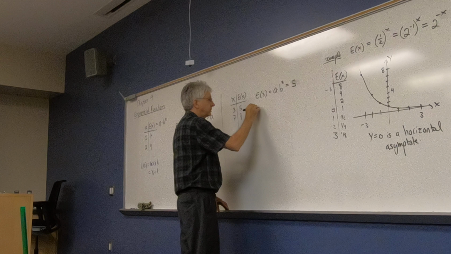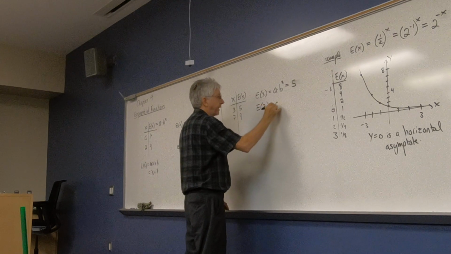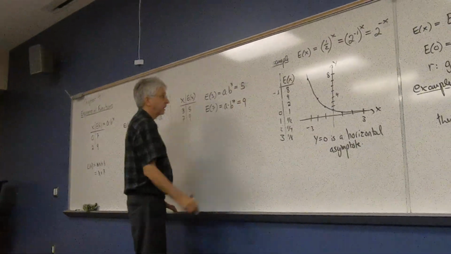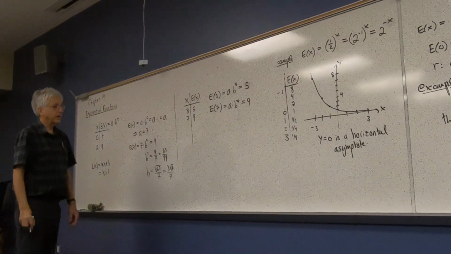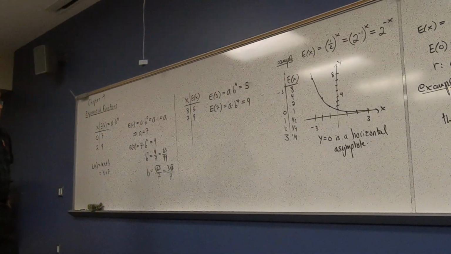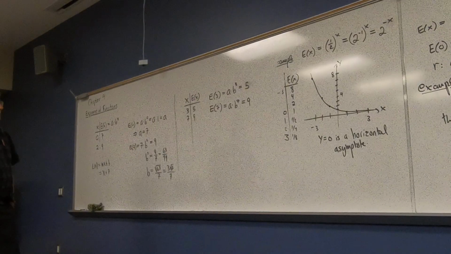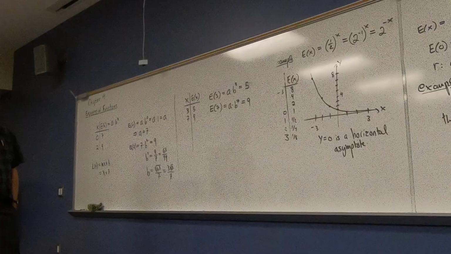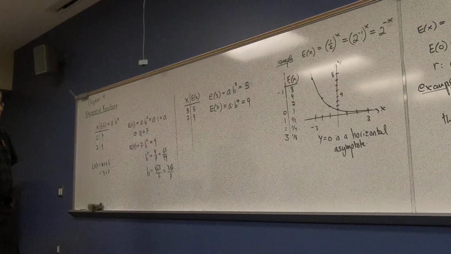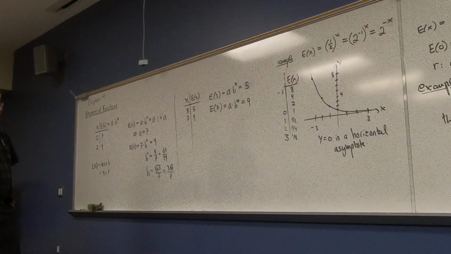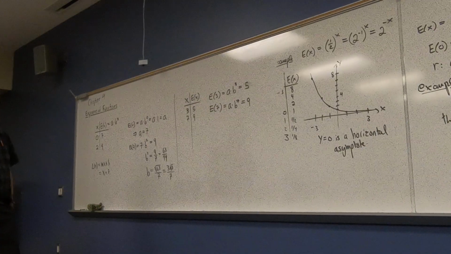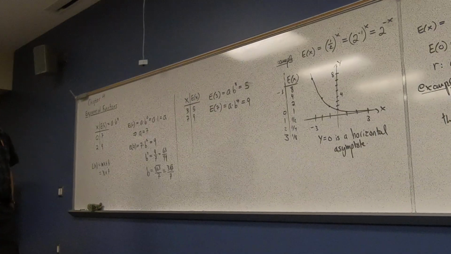And I know E of 7 is equal to a times b to the 7, and that's 9. So what have I got here? I've got a system of equations. 2 equations, how many unknowns? 2. 2 equations, 2 unknowns.